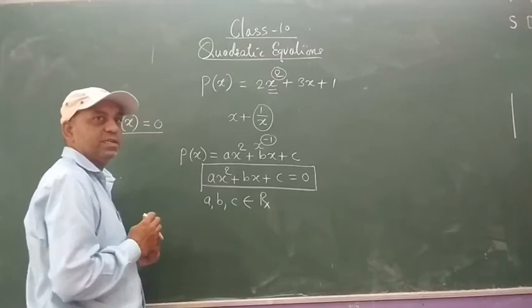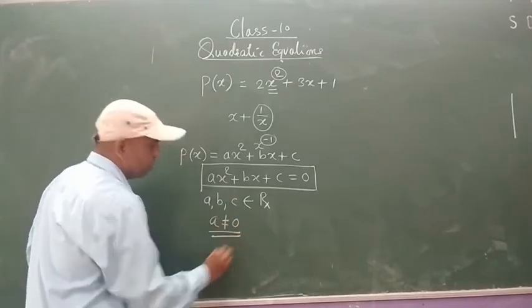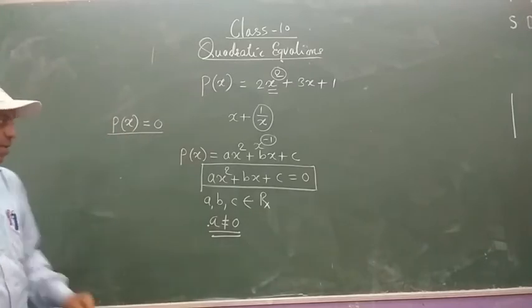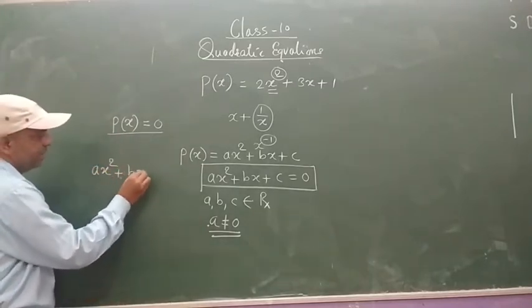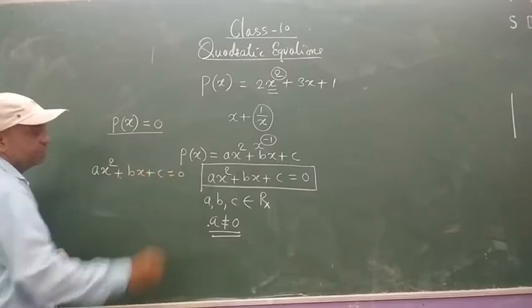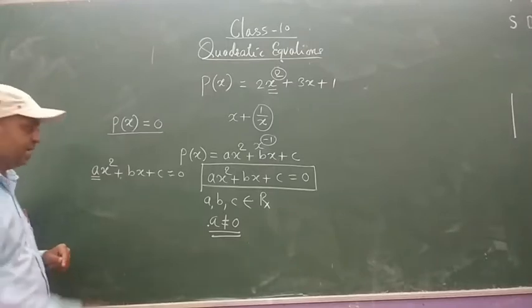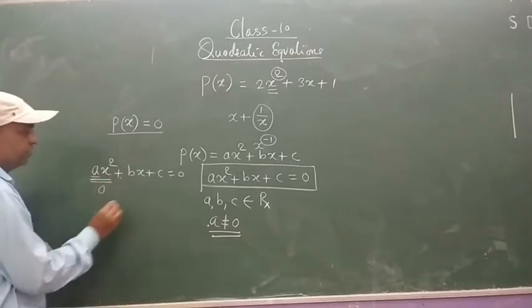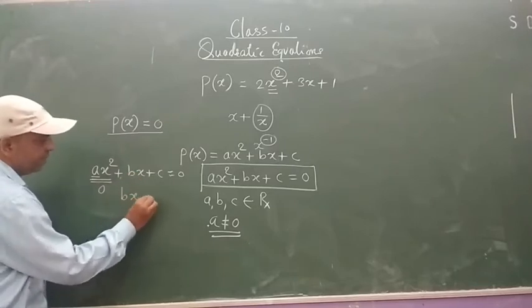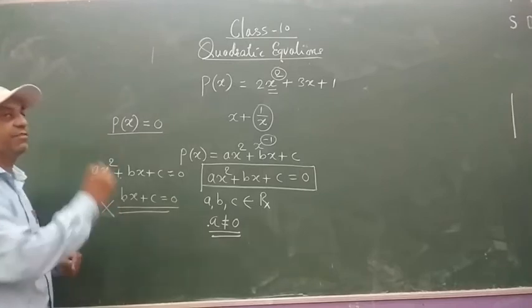Now it is a very important condition here that a is not equal to 0. Why is it important? Because in ax square plus bx plus c is equal to 0, when a is 0, the term x square becomes 0. So the equation is only bx plus c is equal to 0, and this is not a quadratic equation.